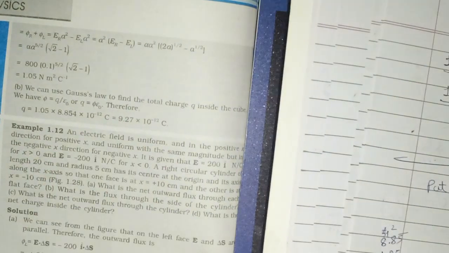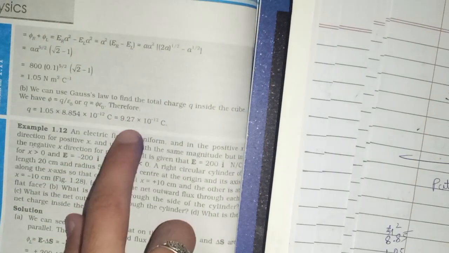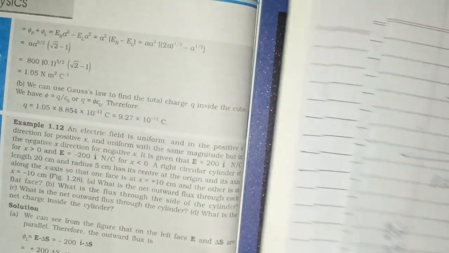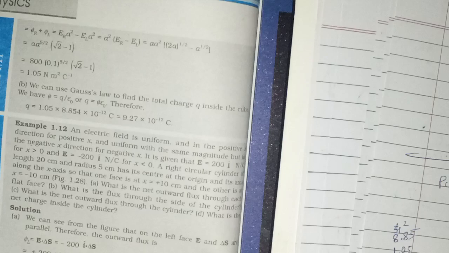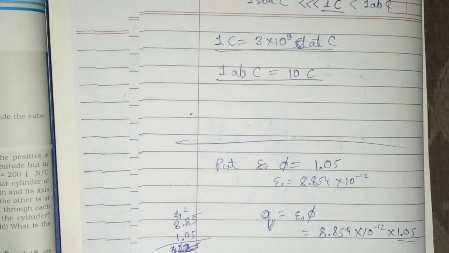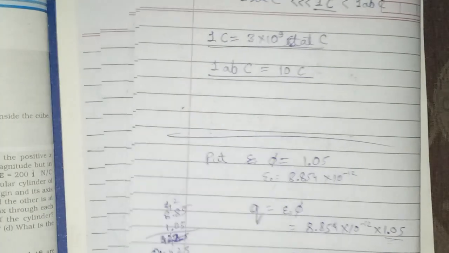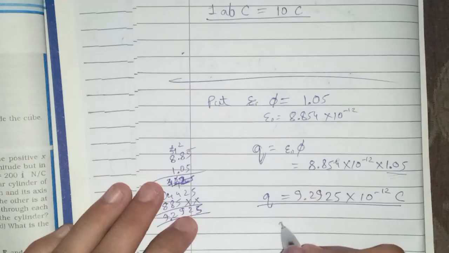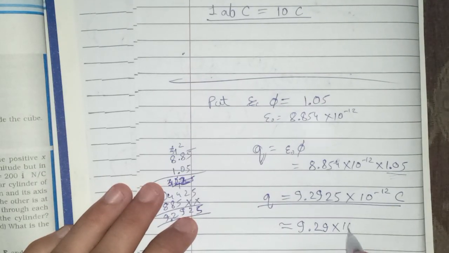This one is wrong. Even if some mistakes occur at this minute level, it is just a very small marginal error in the second decimal point, and second decimal point errors are not too big. You won't be deducted any marks for such small negligible errors. So here is the answer. You could even approximate it: it's 2.29 into 10 to the power minus 12.